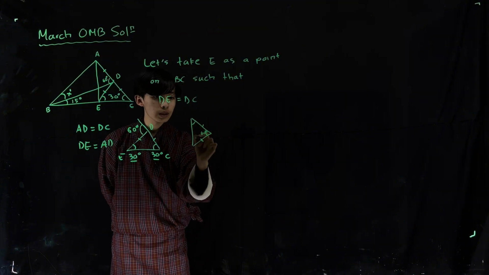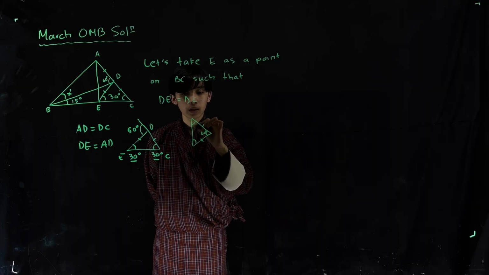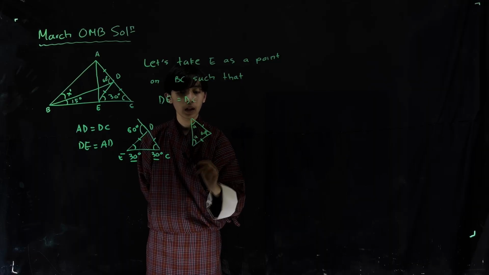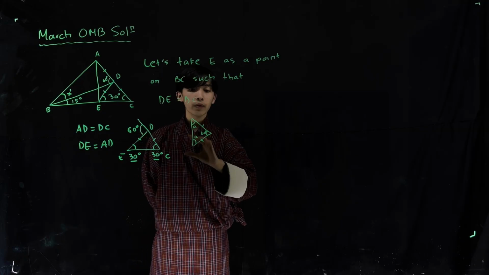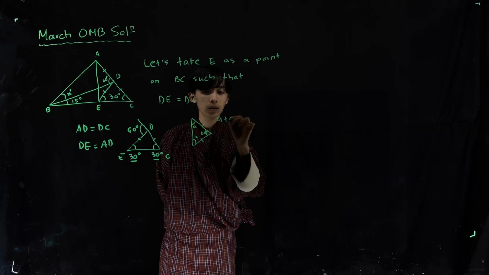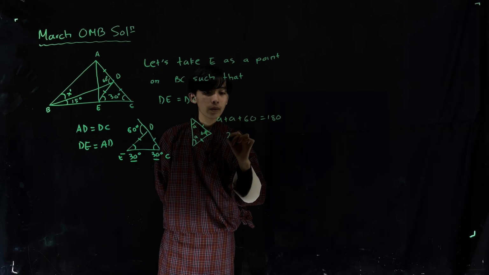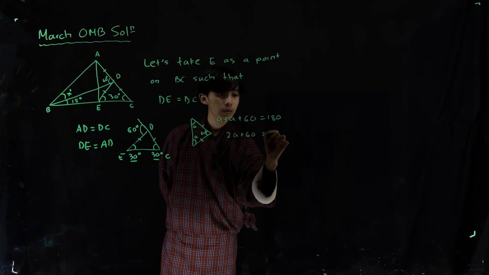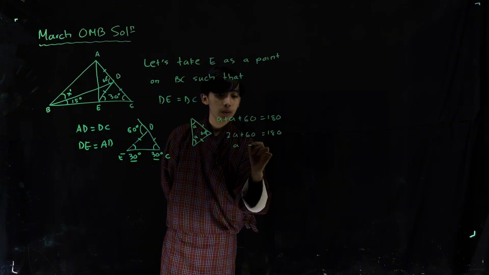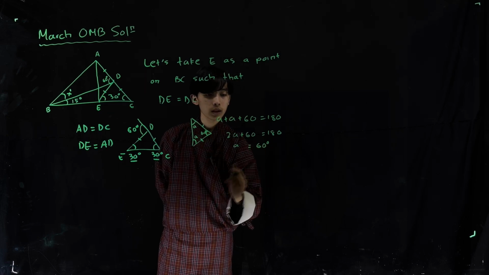The base angles will be the same, so let's call each base angle A. The sum of the angles in a triangle is 180, so 2A plus 60 is equal to 180. Calculating for A, we get 60 degrees. So both the A's are 60 degrees.